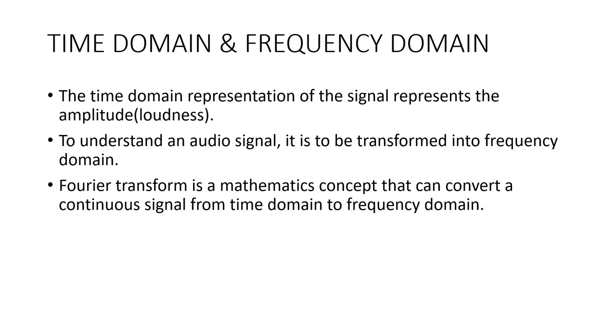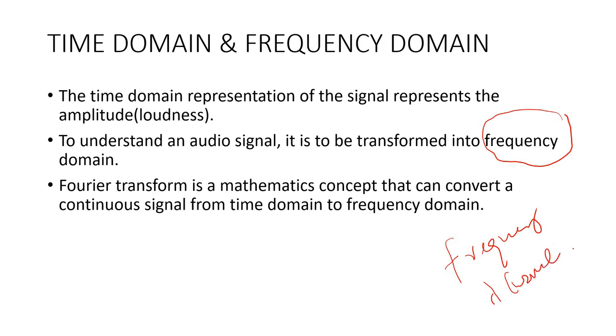To understand an audio signal, it has to be transformed into the frequency domain. It is very important. To understand an audio signal, you need to transform it into the frequency domain, because when you talk about a wave or a signal, its important characteristics are its frequency and wavelength, lambda. To understand a wave completely, you need to understand the frequency and the wavelength.